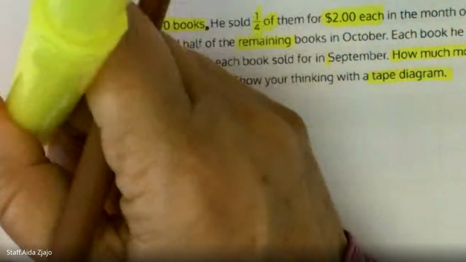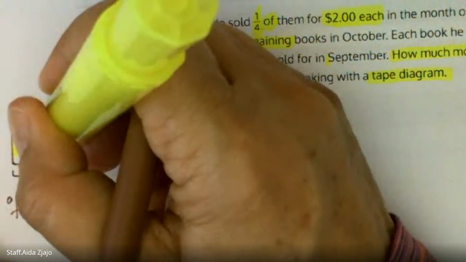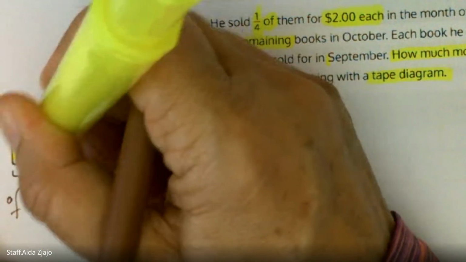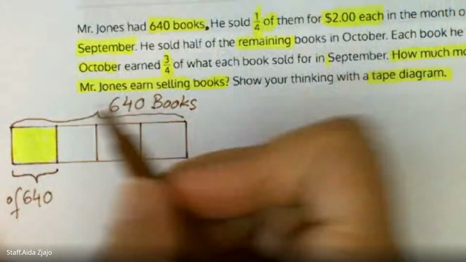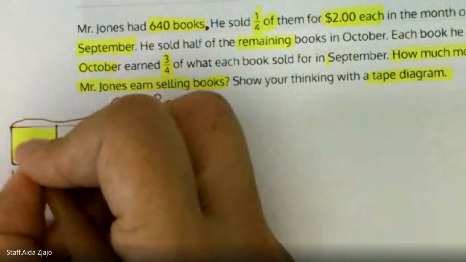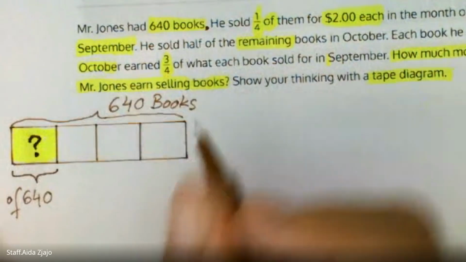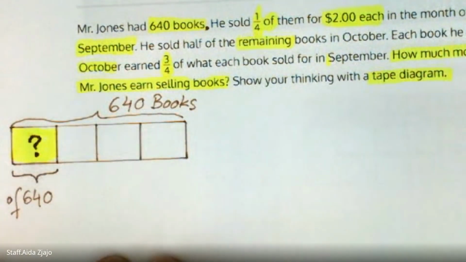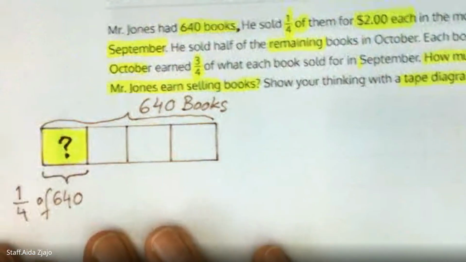We don't know how much that is unless we divide the whole 640 books into 4 parts. That would be our first step.